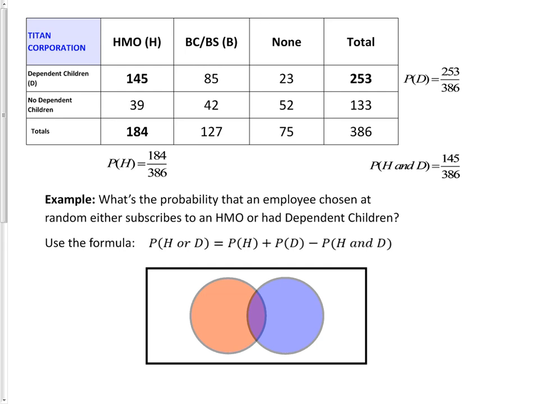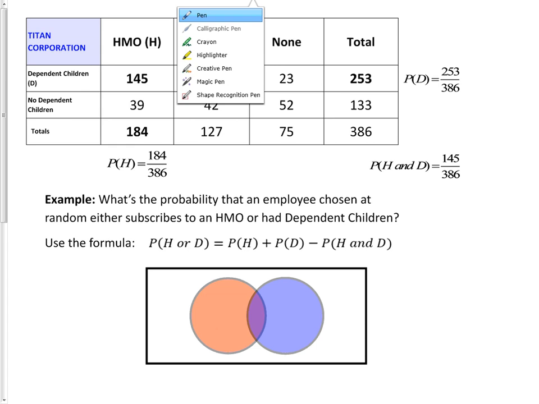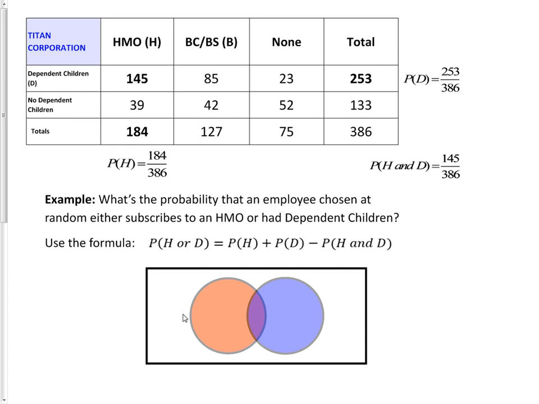Okay, so we say, well, how many employees have an HMO? Well, in this case, out of 386 total employees, right, in our Venn diagram, of course, that is our total employee base, we found that 184 of them have an HMO, right? So there it is. That's our HMO right there.